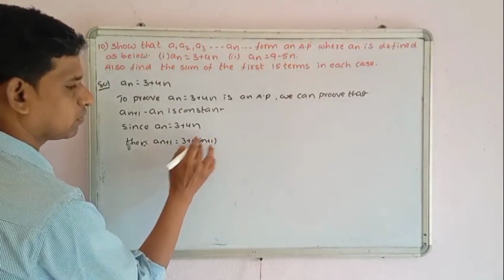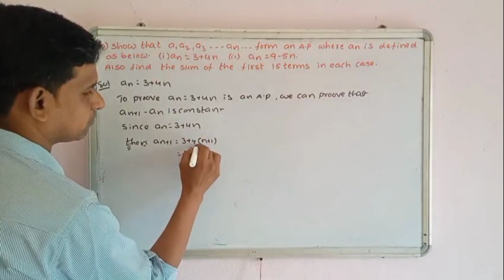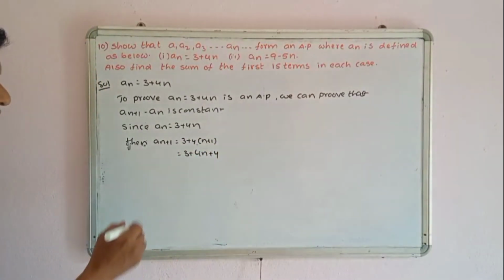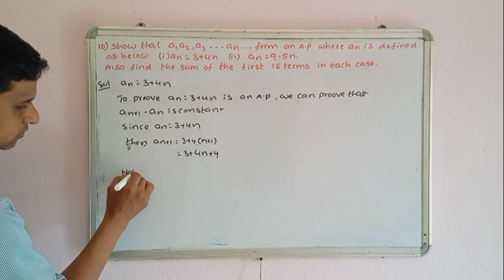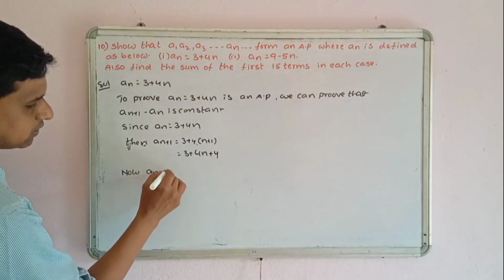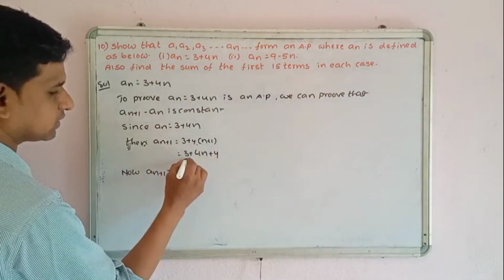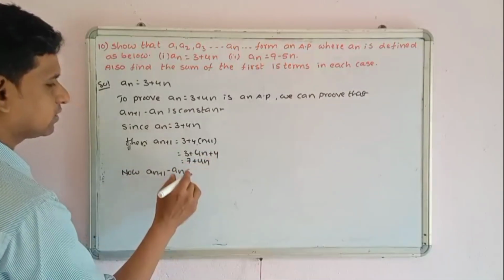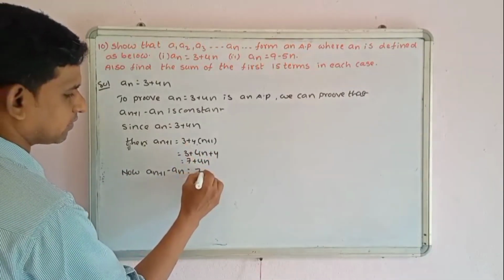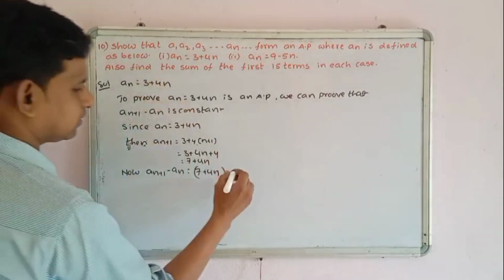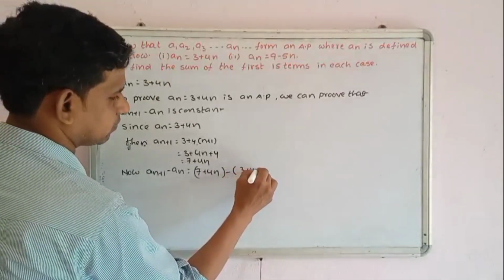So 3 plus 4 times n is 4n, 4 times 1 is 4. So 3 plus 4 is 7 plus 4n. Now an plus 1 minus an: 7 plus 4n minus 3 plus 4n.